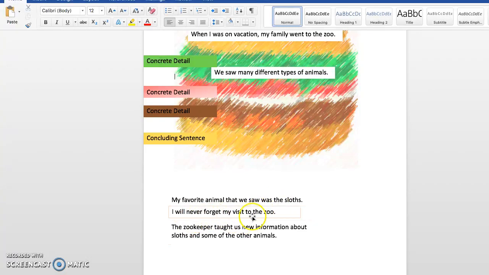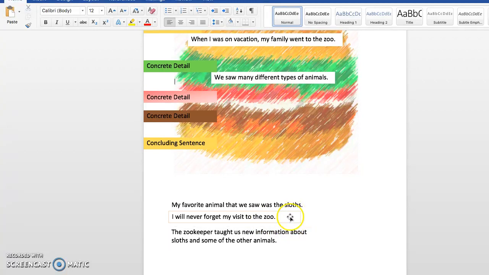I will never forget my visit to the zoo. The zookeeper taught us new information about the sloths and some of the other animals. Well, we can't use the last one because we haven't talked about any of the sloths yet. And if we say, I will never forget my visit to the zoo, that implies that you saw the animals and you'll never forget them.